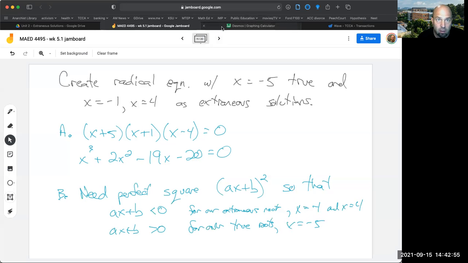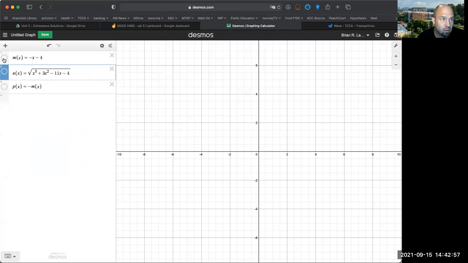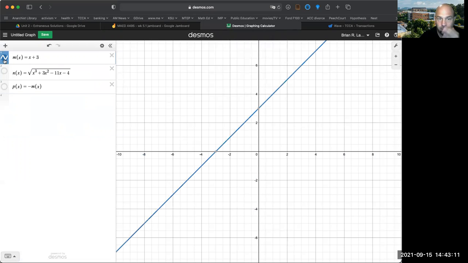So close your eyes for a moment. I can just play around. I might play around with a function that has those sorts of qualities, right? Let me go ahead and turn that on. Now I want it to be above 0 at x equals -5, and then below 0 over here and over here.